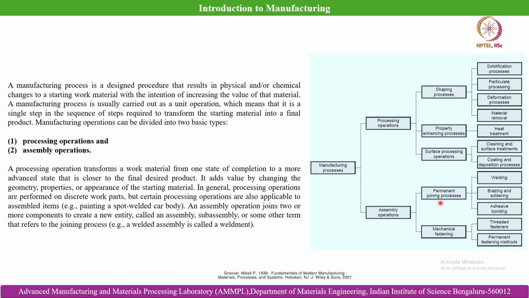Brazing is very common; it is there in our TV sets. You can see the motherboard of your computer also has solder joints and brazed joints in plenty. An example of mechanical fastening is the riveted joint. I am sure some of you have traveled by aircraft; you can see the rivets on the wings of the aircraft. So these are basically the different manufacturing processes.